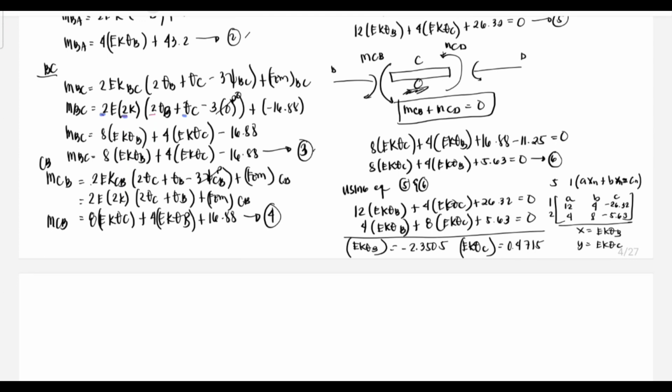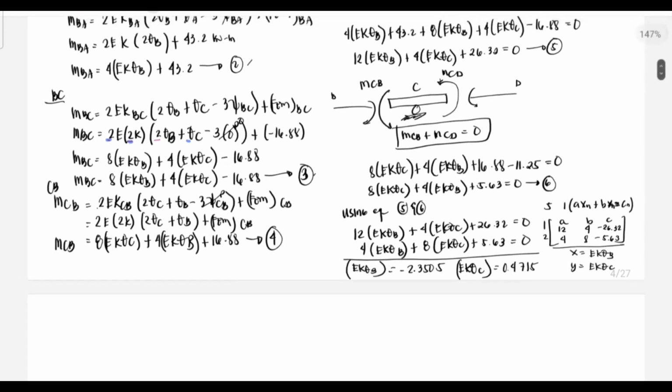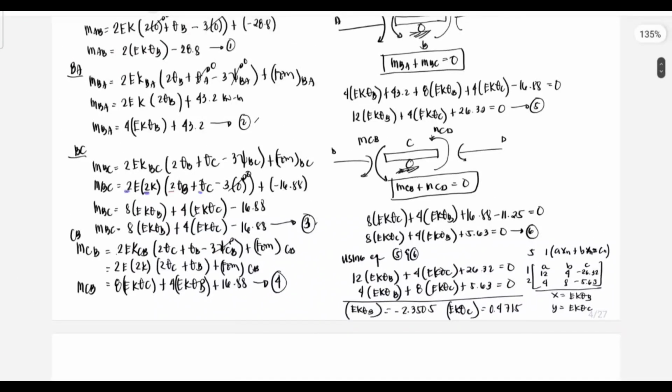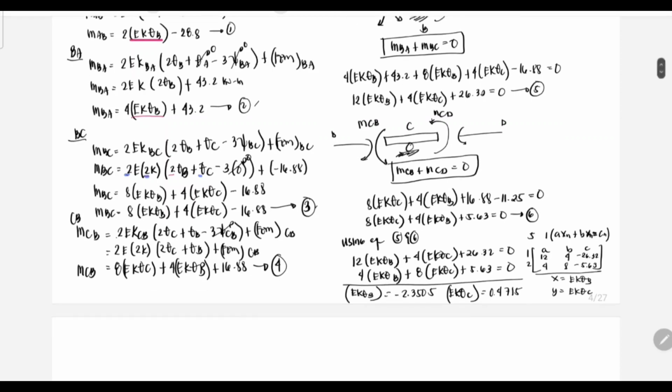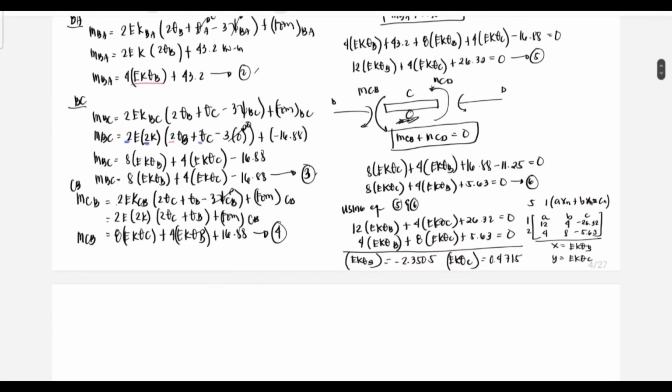Ngayon, lahat ng value na nakuha nyo sa EK theta B and EK theta C, isa-substitute nyo po rito sa mga equations natin. For example, sa MAB, dito nyo po ilagay yung ating value na 2.3505. Consider nyo yung negative. Next, dito naman po, ayan. So, substitute nyo lang yung value. And then, ganun din po sa kabila.